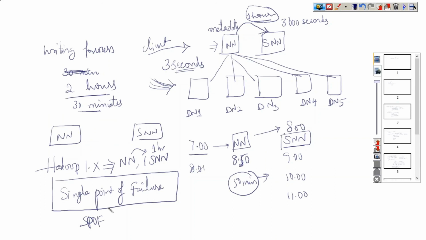So this situation is called single point of failure: if the name node goes down, the data is going to be lost. There's no point in retaining the data in case the name node goes down. This is the problem only in Hadoop 1.